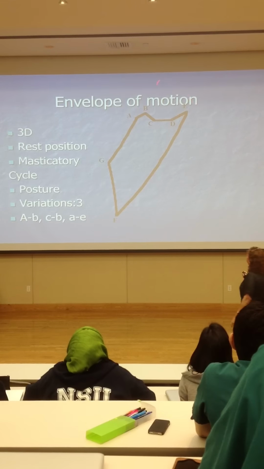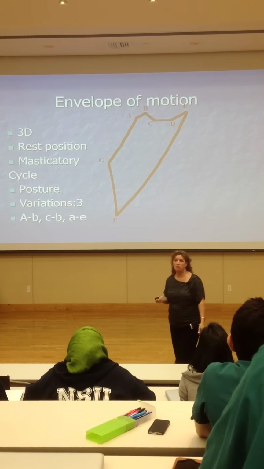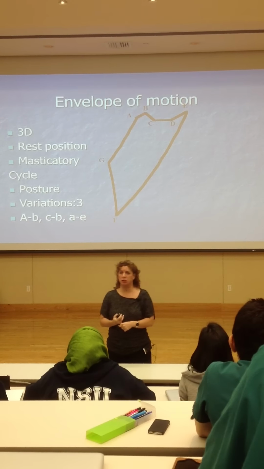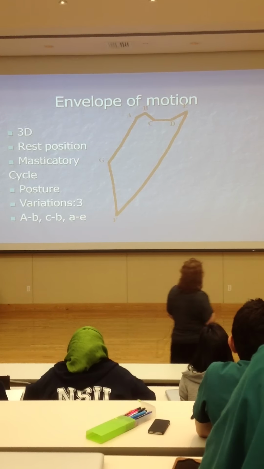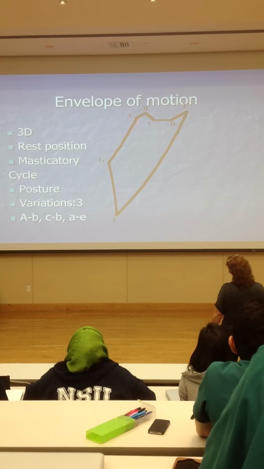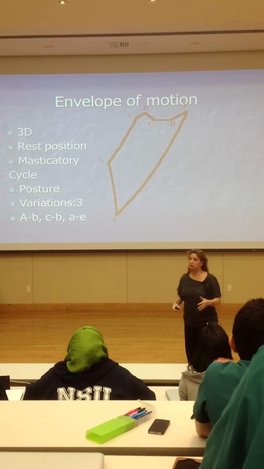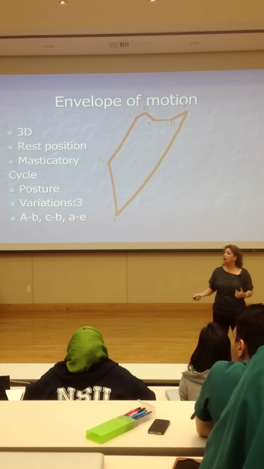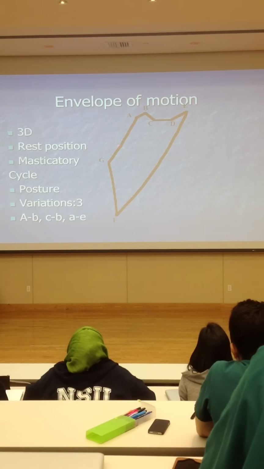So, what is A? Retruded contact position. It is also sitting along this line that represents centric relations. Okay? We can be, or we are in eccentric relations along all this line.